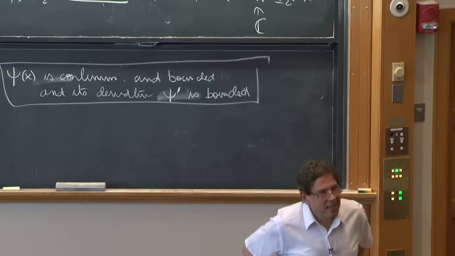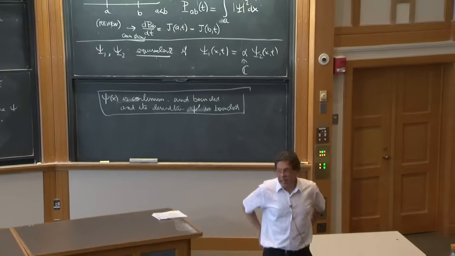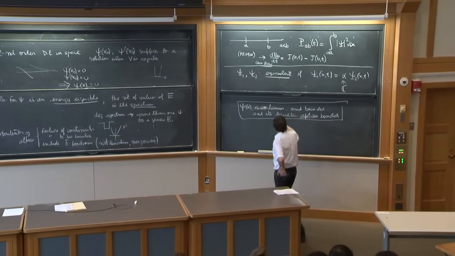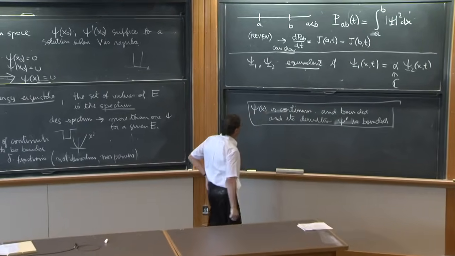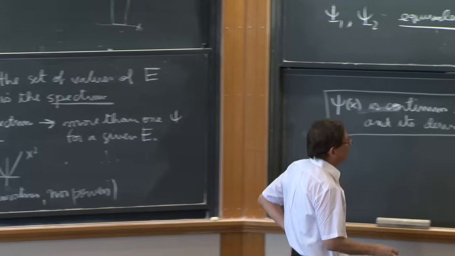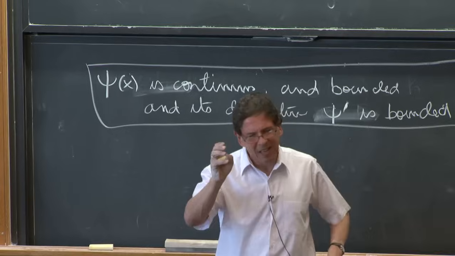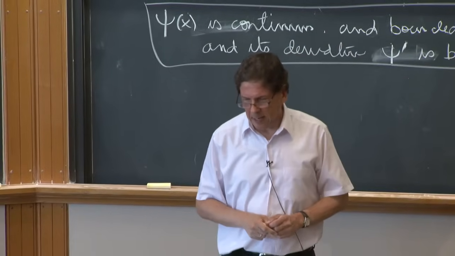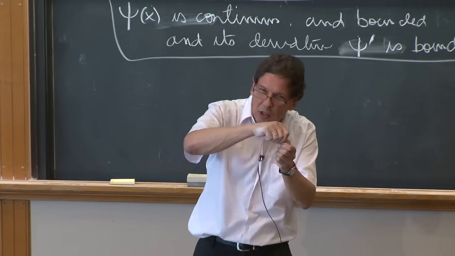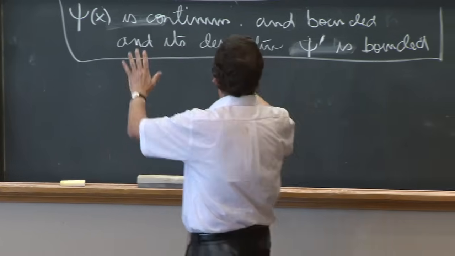What kind of extra conditions do we have to impose on the behavior at infinity? Well, I will not impose any condition further than that, except the condition that it be normalizable. And even that we will be a little not too demanding on, because there will be wave functions like momentum eigenstates that can't be normalized. So we'll leave it at that.